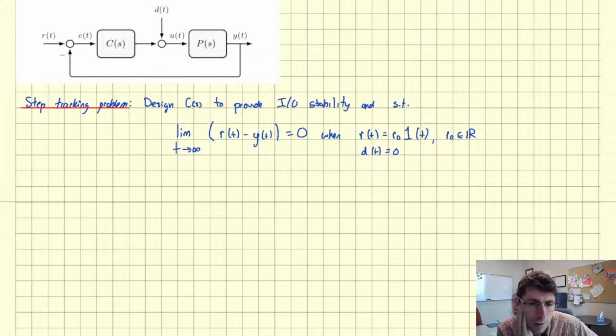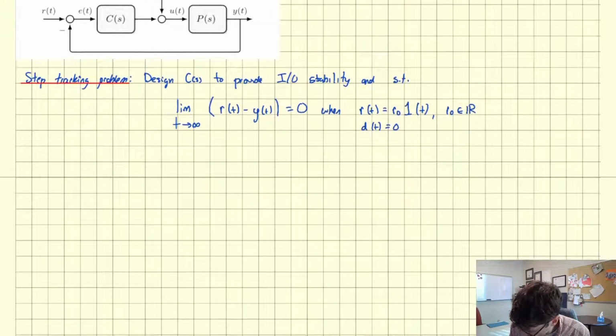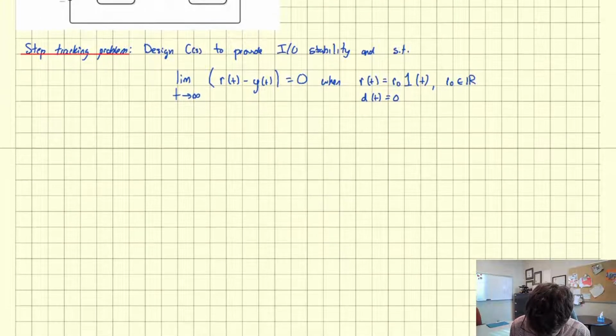Okay, and when the disturbance is 0. Actually, the controller we're going to design would work when the disturbance is constant as well, but let's just assume for now that the disturbance is 0. The transfer function, as we saw before, from the reference to the tracking error is given by 1 over 1 plus Cp.